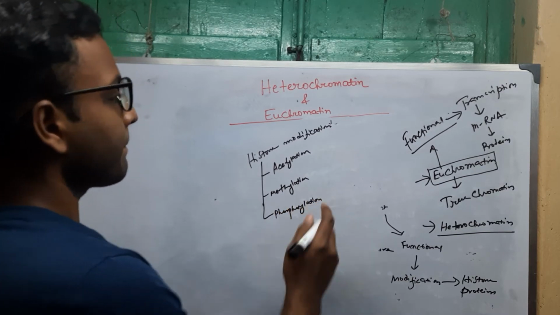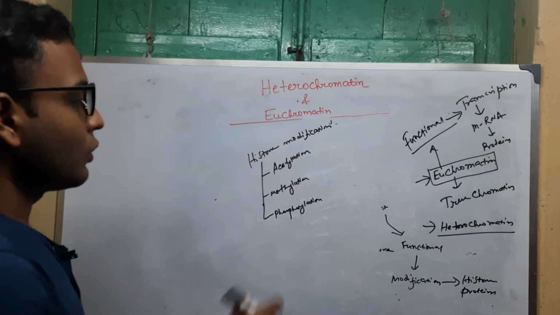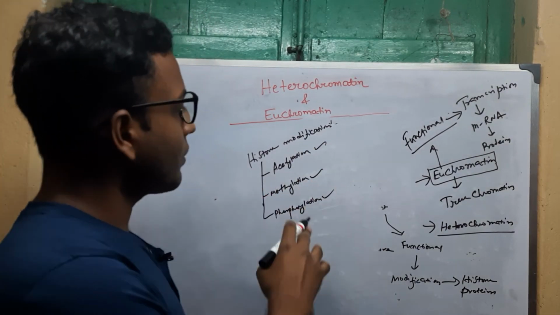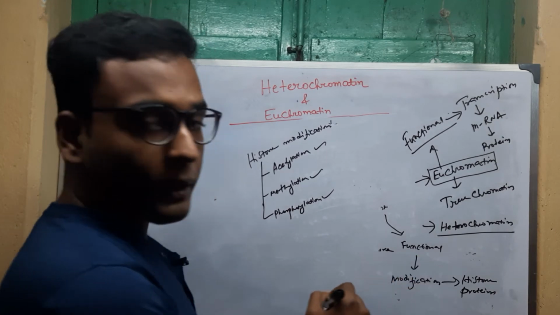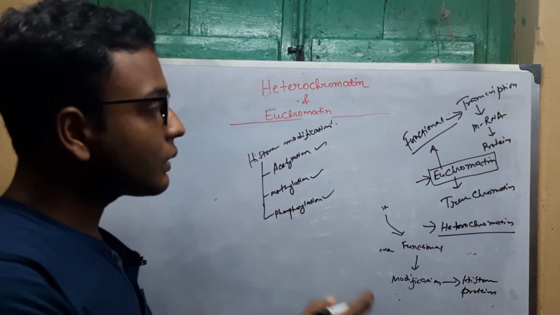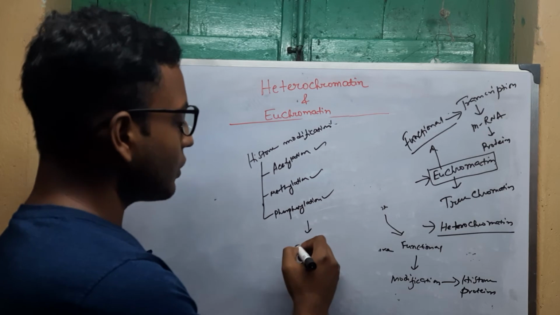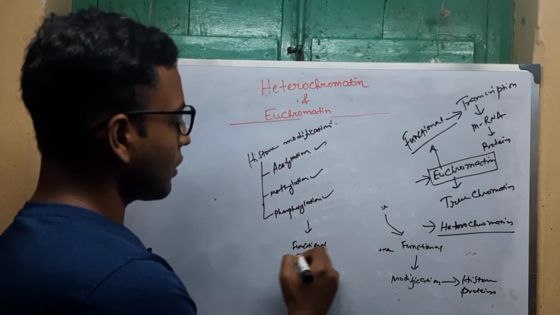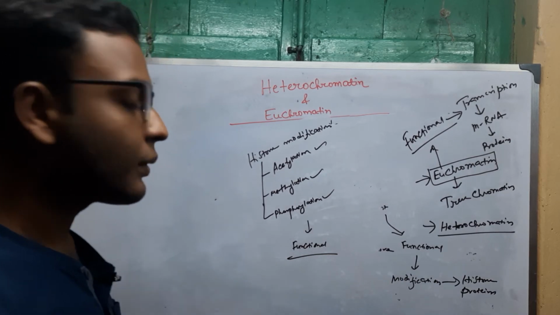Through these three processes the histone proteins around the facultative heterochromatin region can be turned into a functional one, and the process of transcription and translation can take place.